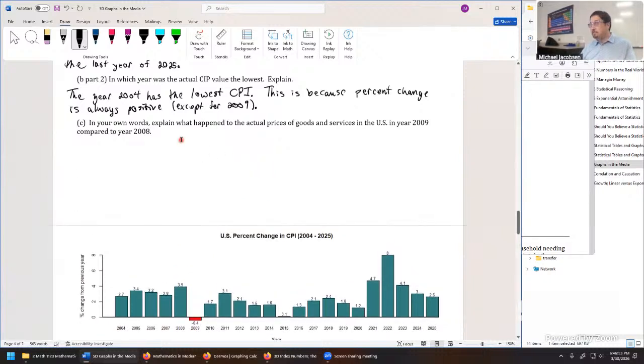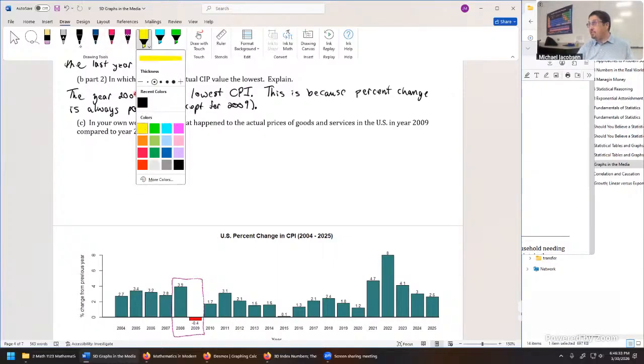So part C is now asking, in your own words, explain what happened to the actual price of goods and services in the year 2009 compared to year 2008. So part C is all about seeing what's happening in this range, really emphasizing the directionality of the graph, the fact that we have a negative altogether.